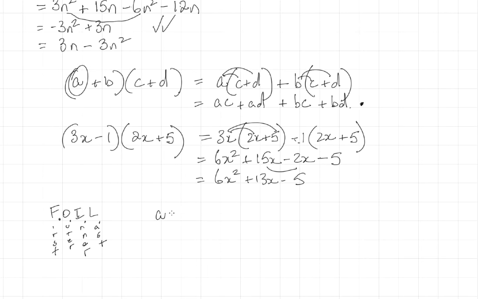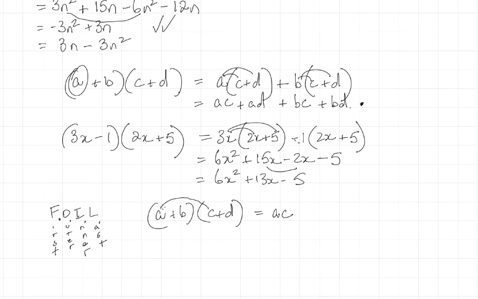So let's just put our original one up here. A plus B, C plus D. First means you multiply the first term in this bracket by the first term in that bracket. A times C is AC.